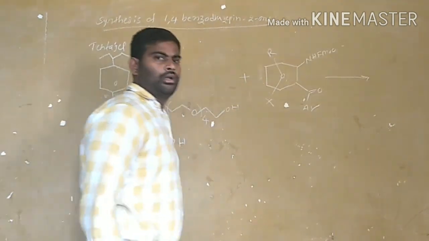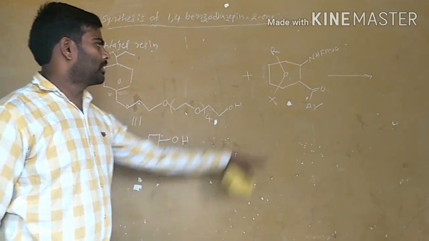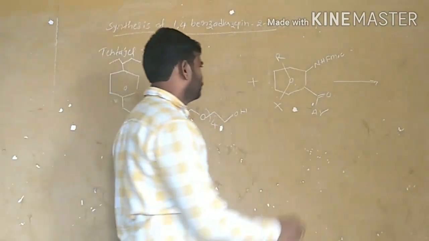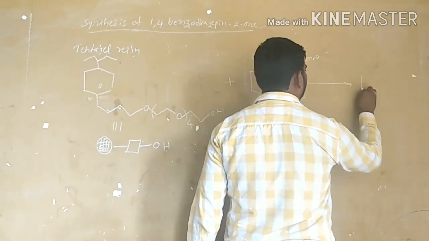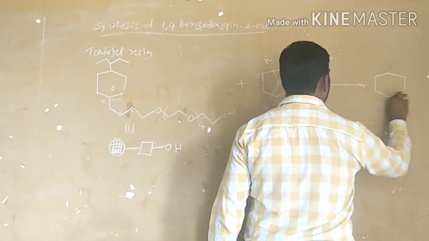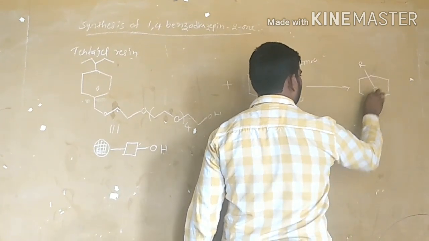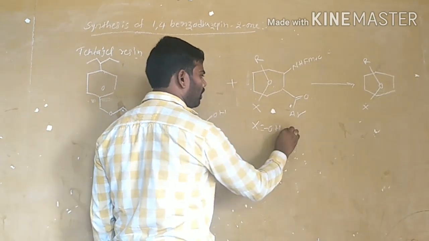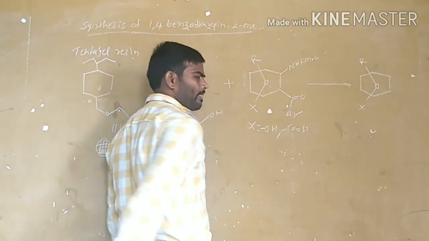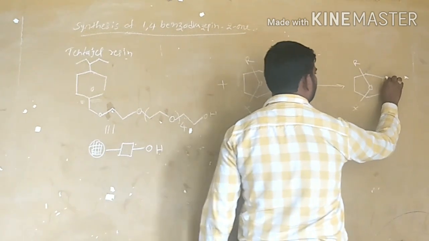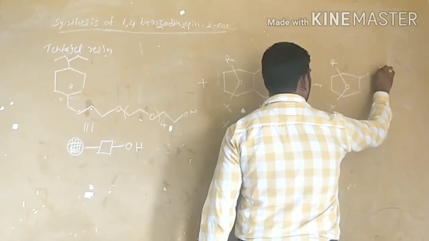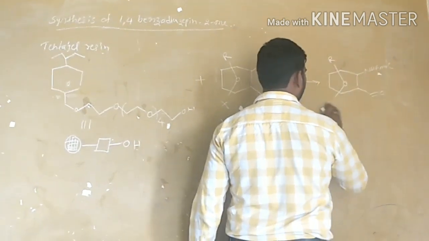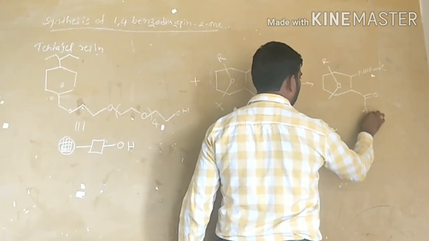First, the substrate molecule is bound to the resin bead, or X. Here X may be a hydroxyl functional group or acid functional group, with NH-Fmoc, here this is CO, this is Ar.